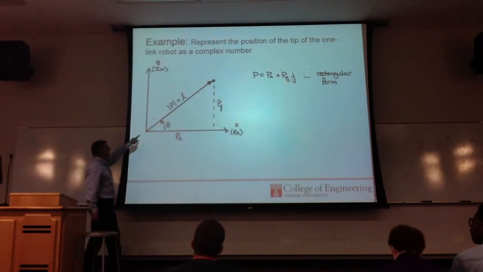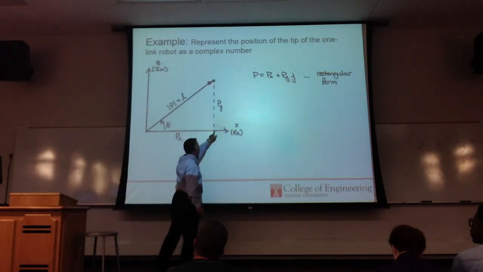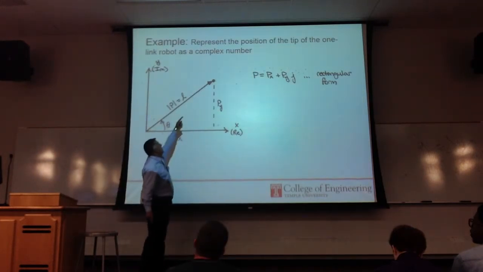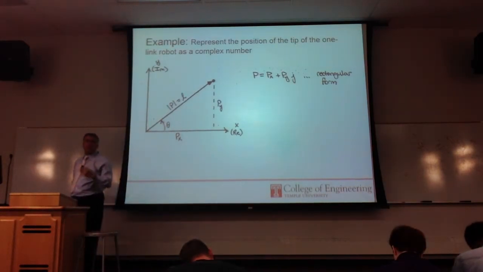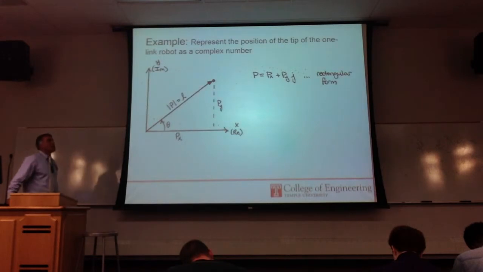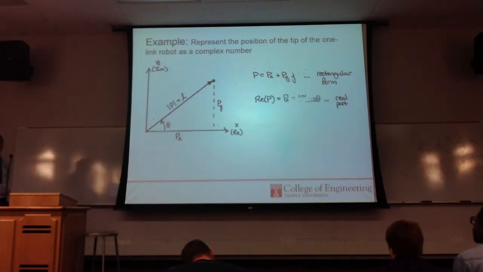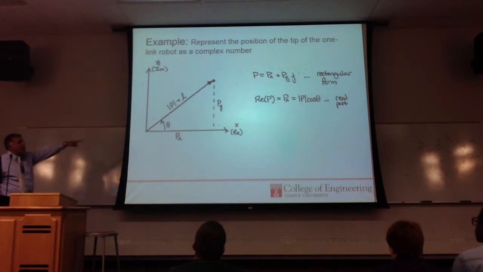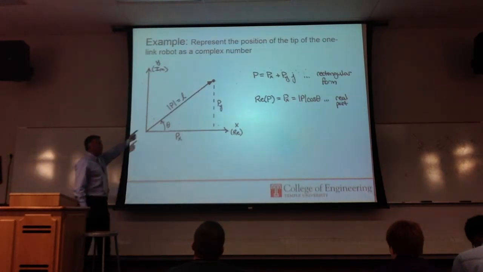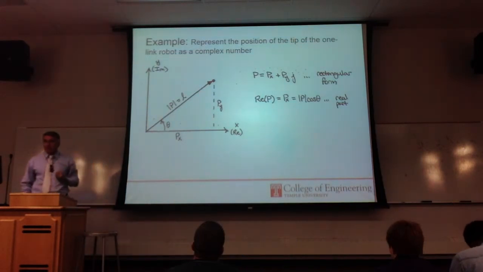Look at this. Tell me what px is based on the magnitude of that vector, which is p or L. Yes, p cosine of theta. So basically, I can show that the real part of that vector is equal to px, which is the magnitude of the vector, p, times cosine of theta.